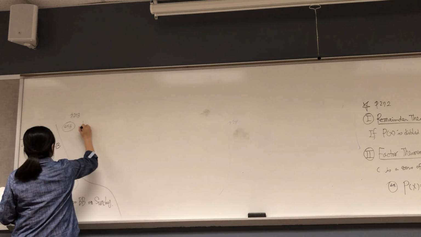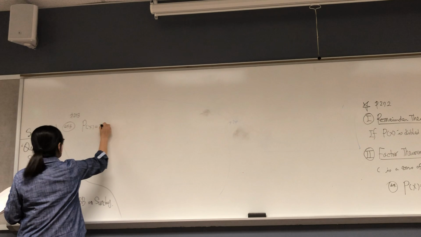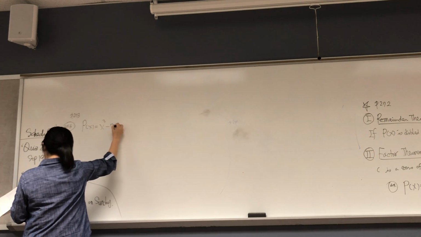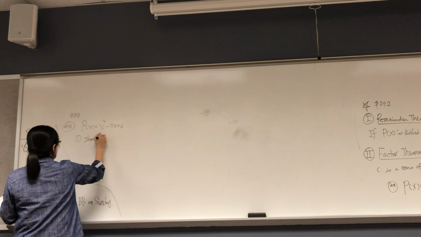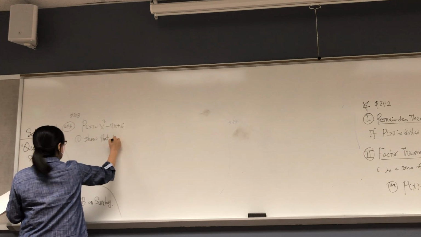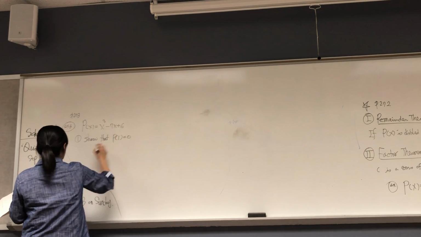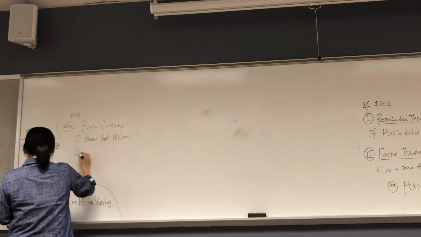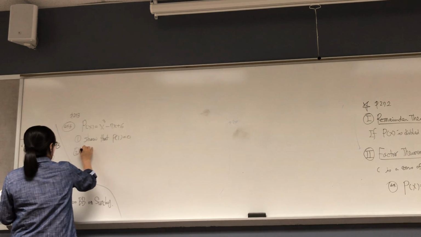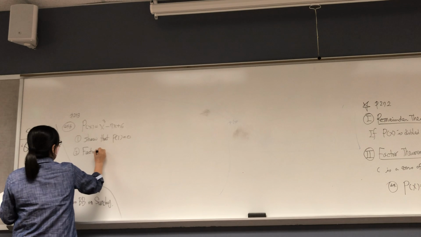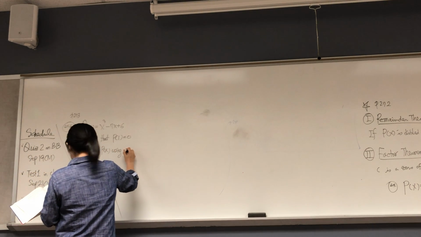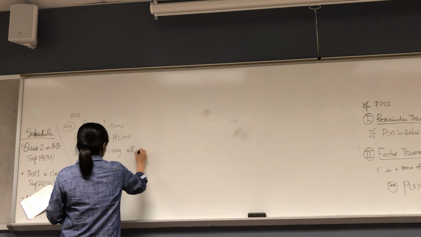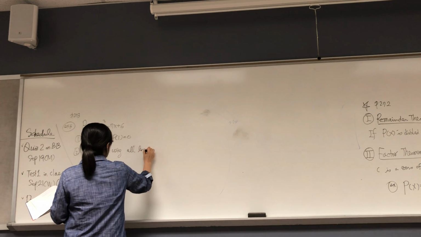P of x is equal to x cubed minus 7x plus 6. Show that P of 1 equals 0, and factor P of x using all linear factors.